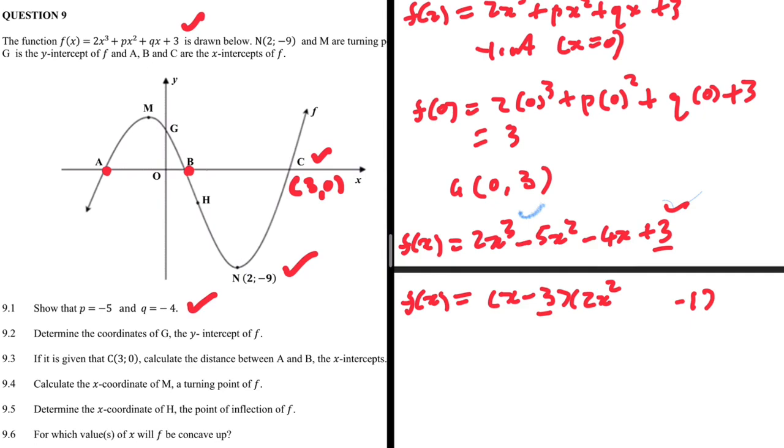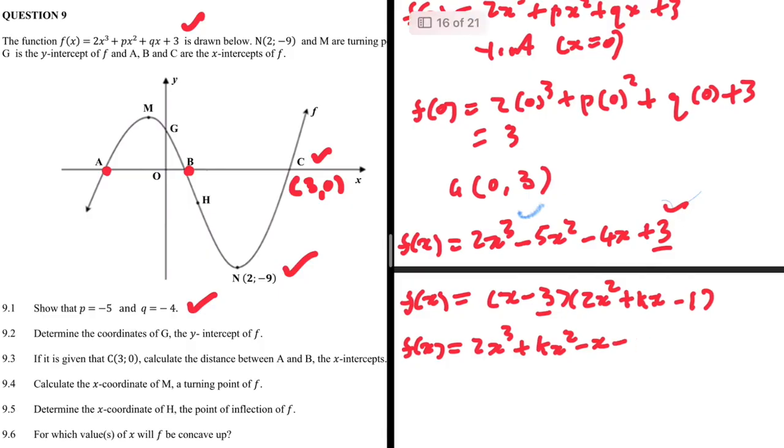So we're going to have plus kx, right? kx is unknown, but I want to find it. So I'll multiply out. So f of x is equals to 2x to the power 3 plus kx squared minus, not minus 3, but minus 6x squared minus 3kx plus 3.